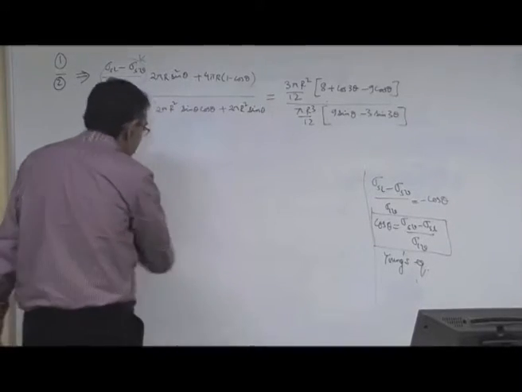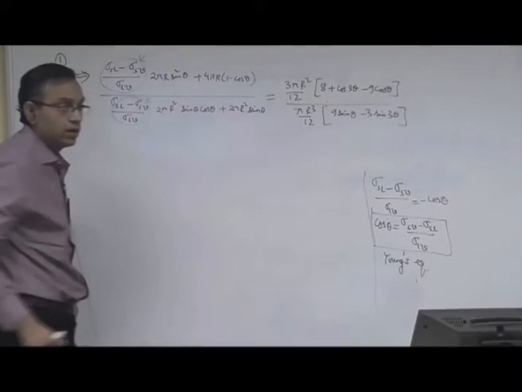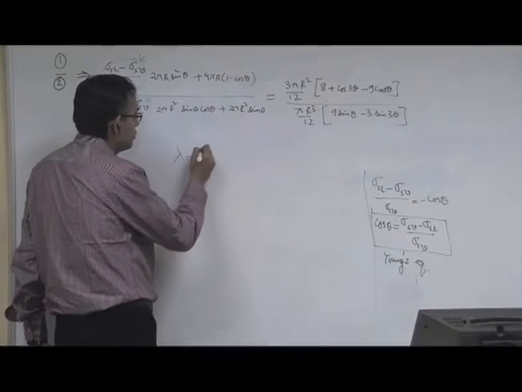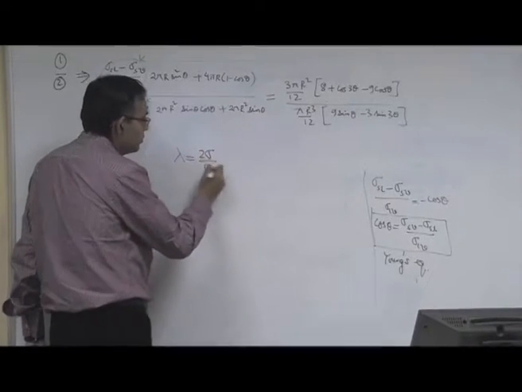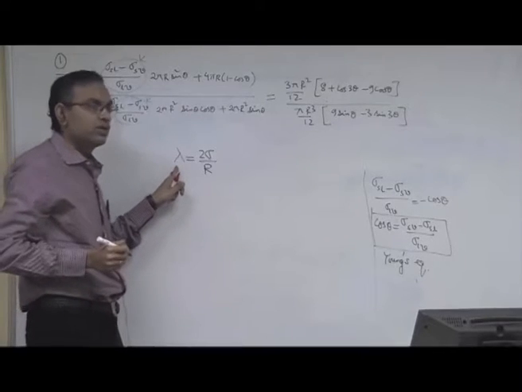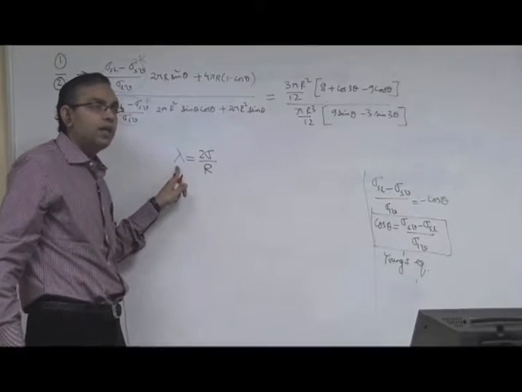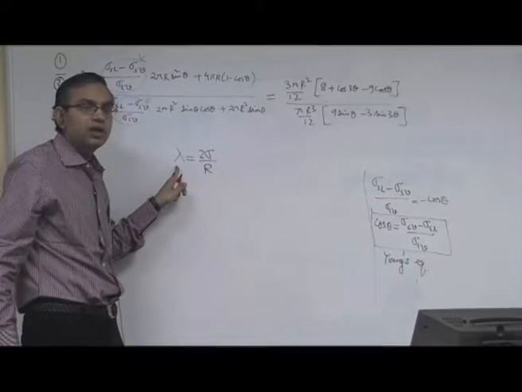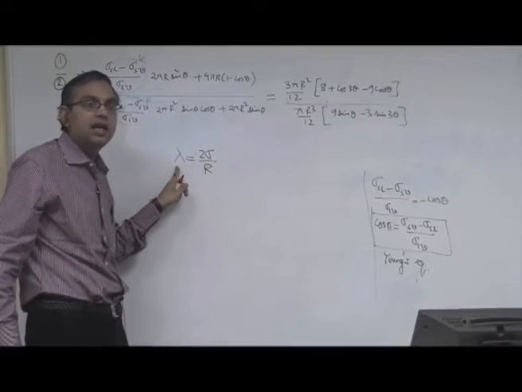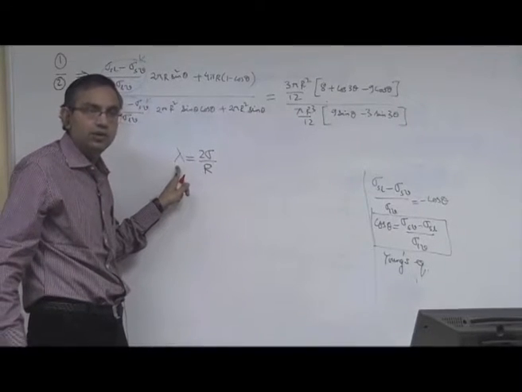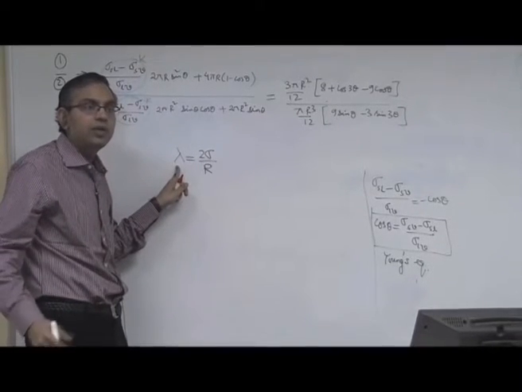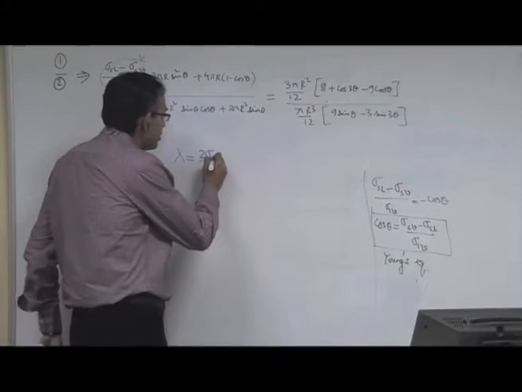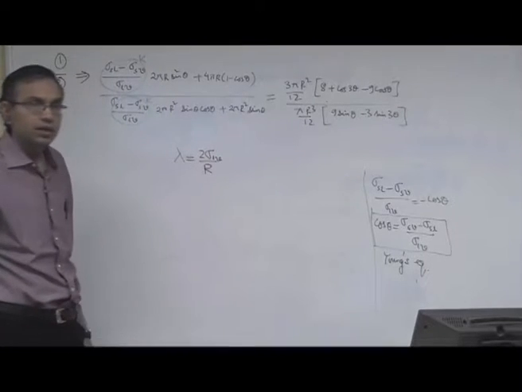But if you do that, you will get, so how do you get all this? You simply substitute back the expression for k in one of the expressions, del E del R equal to 0 or del E del theta equal to 0. So, if you do that, lambda will be the only unknown, and this is 2 sigma LV by R.